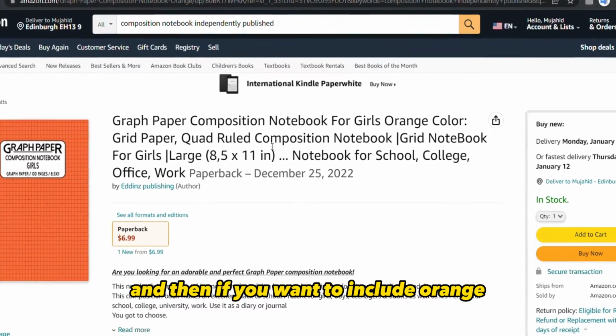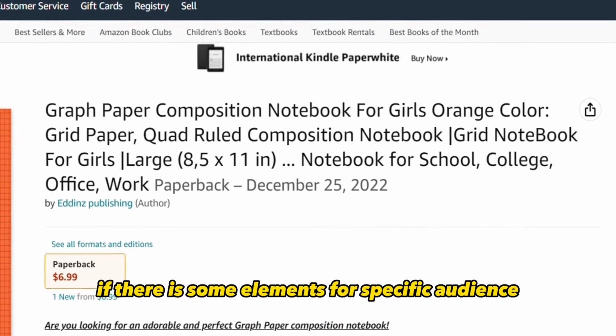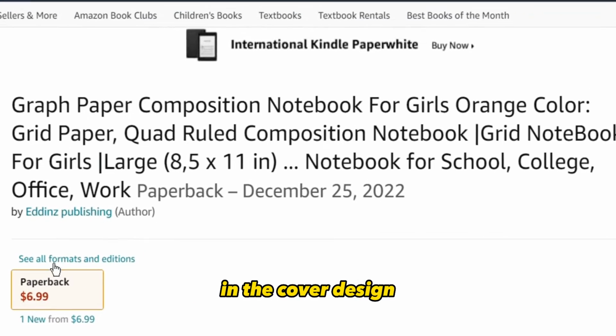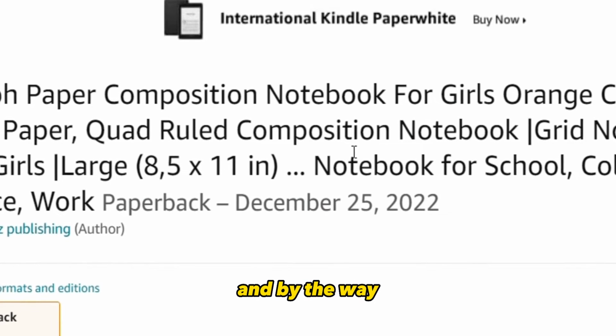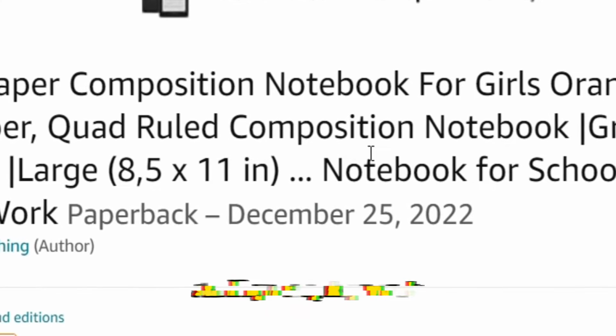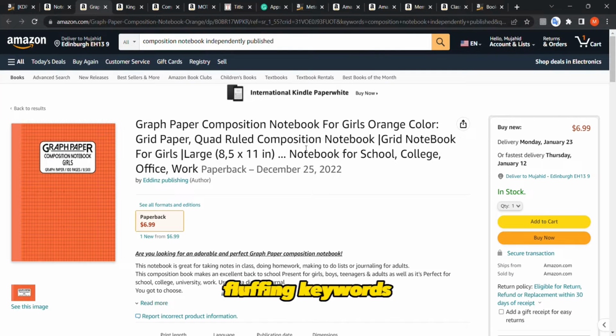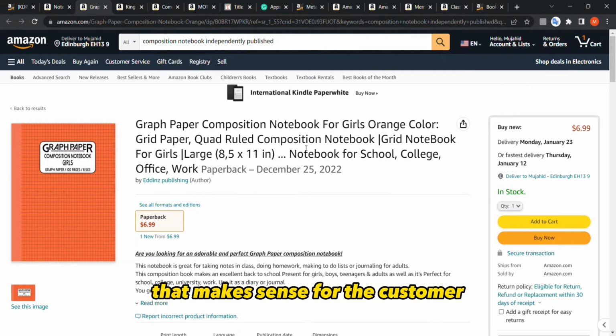And then if you want to include orange color, the design, or if there are some elements for a specific audience in the cover design, include that later in the subtitle. And by the way, make it a sentence. Don't just put it like stuffing many keywords. No, you need to make it a sentence that makes sense for the customer.